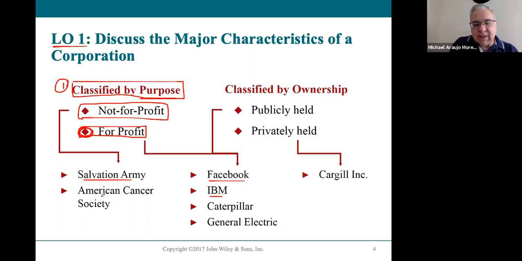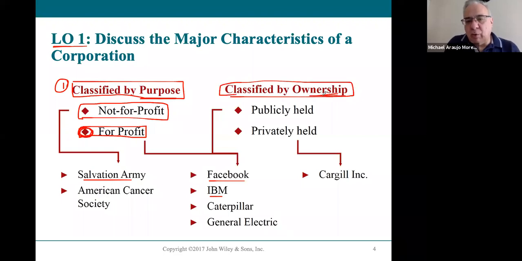So that's the difference. Corporations, when they all start, are broken into shares of ownership, as you know. Stockholders or shareholders are the owners of a corporation. The question of who can own those shares is another question that's asked.